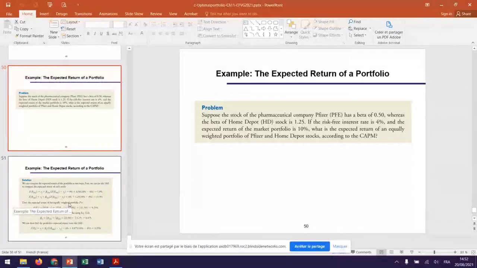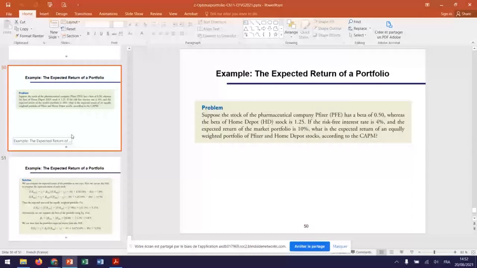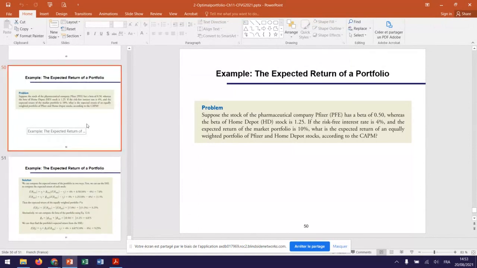Either you calculate each expected return, and then calculate the expected return of the portfolio based on the weights. Alternatively, the second method is to calculate the beta of your portfolio by weighting first, and then apply CAPM later on.